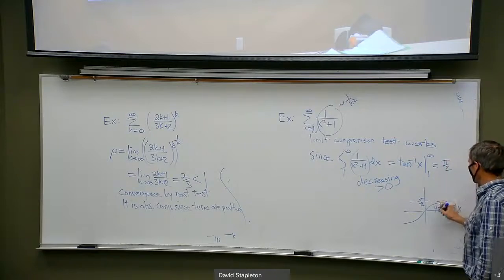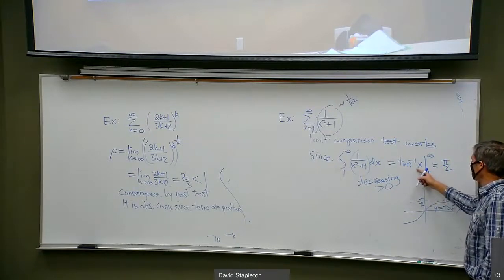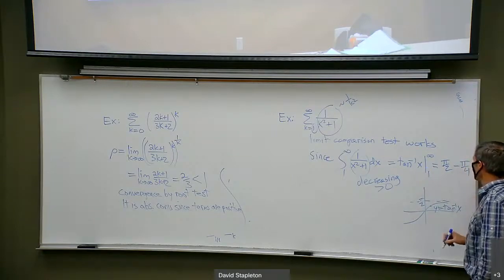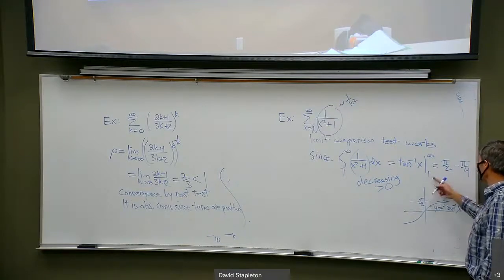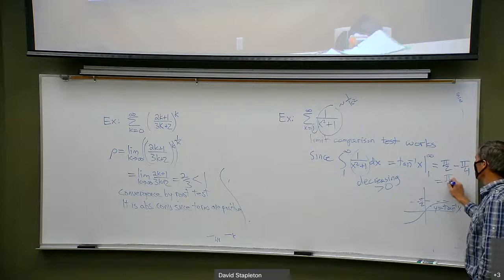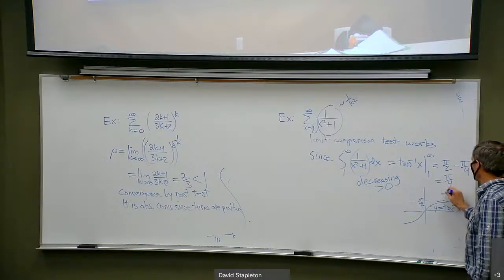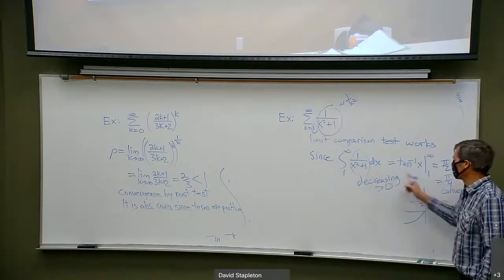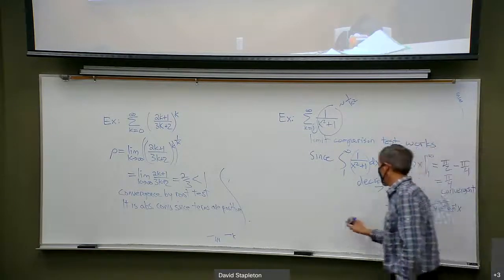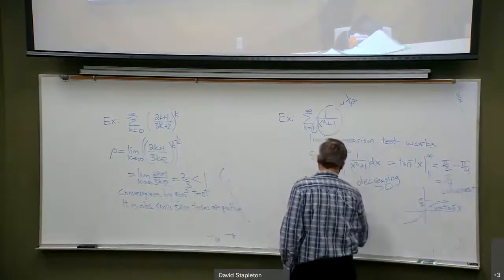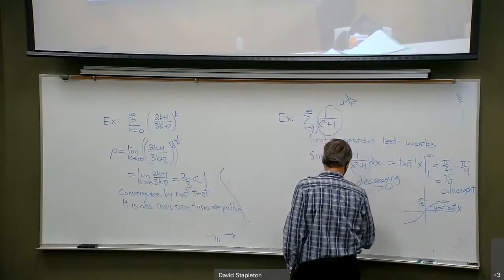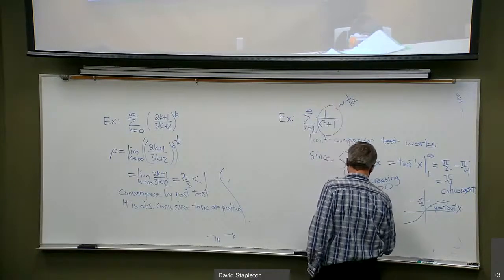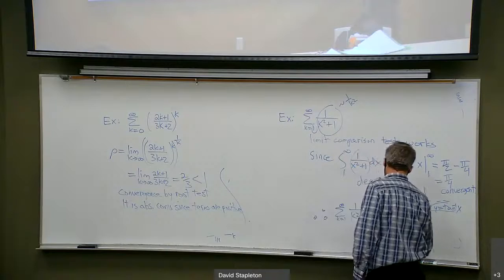And then arctangent of 1: what angle has tangent equal to 1? It's pi over 4. So it's arctangent of infinity minus arctangent of 1. This is a finite number. When the corresponding integral is convergent, so is the series. So therefore, the integral is convergent, and the sum is also convergent by the integral test.